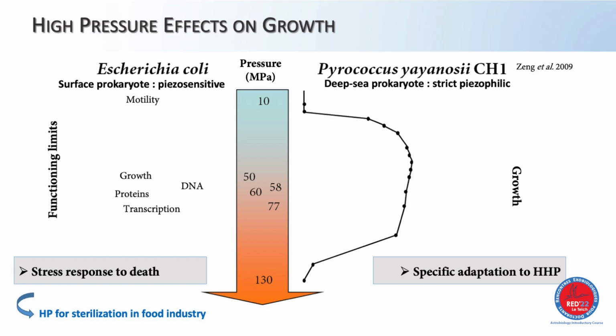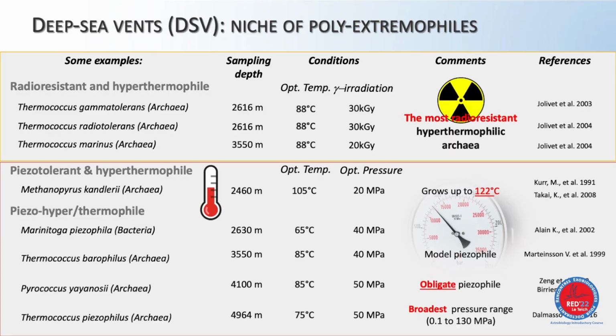So here in this table, I show you some really well known hyperthermophiles. Methanopyrus kandleri has the record temperature of life, so it can grow up to 122 degrees C. You can still find some bacteria that can grow at high pressure conditions.